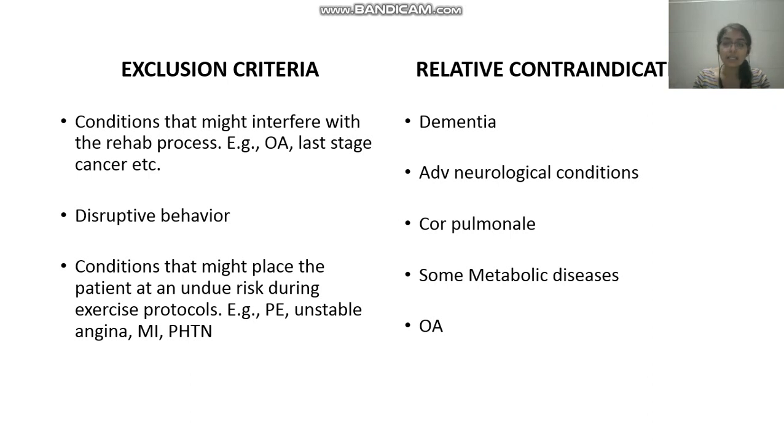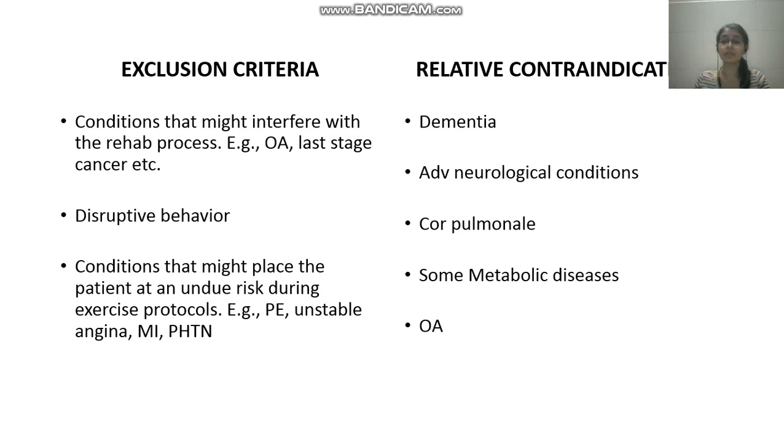You have to assess according to your knowledge, according to your understanding. You have to make sure that you give them the exercises that are beneficial for them. Okay. Disruptive behavior, any psychological conditions, like here I have mentioned dementia, or any kind of psychological condition where they are not able to comprehend what you are telling them, what your outcome is, what you need from them.